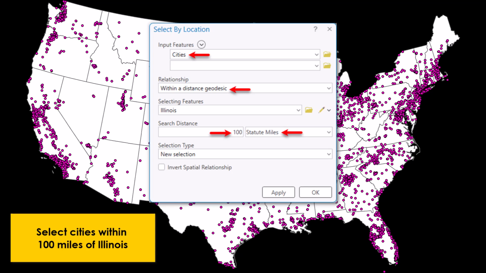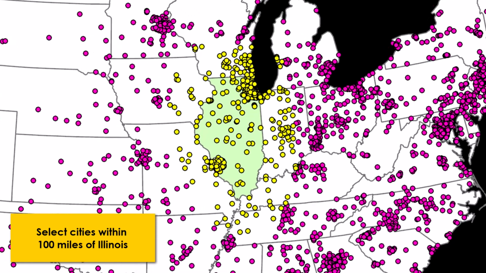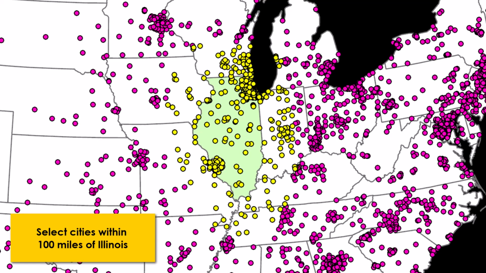The selecting feature is Illinois, but the relationship instead of intersect is going to be within a distance or within a distance geodesic. In this example, I've used within a distance geodesic, and I've specified the distance at 100 statute miles. And the result of that are all the cities of Illinois, as well as the cities surrounding Illinois that are within 100 miles.